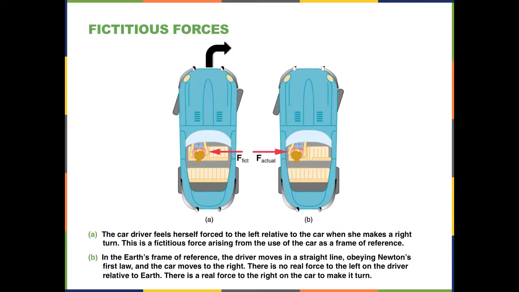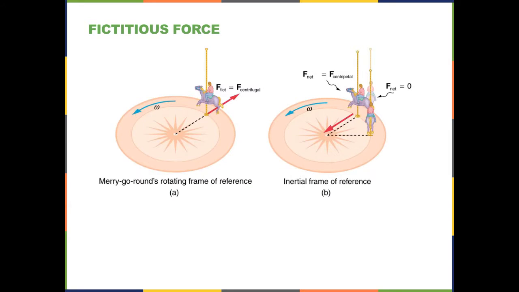What she feels appears to be her being shoved to the left, but what's really happening is the car is moving to the right and she's moving straight ahead, and that's the force she feels. That's why this is called a fictitious force. It's what's called centrifugal force. Centrifugal force. I'll emphasize the second syllable so you know exactly what I'm saying.